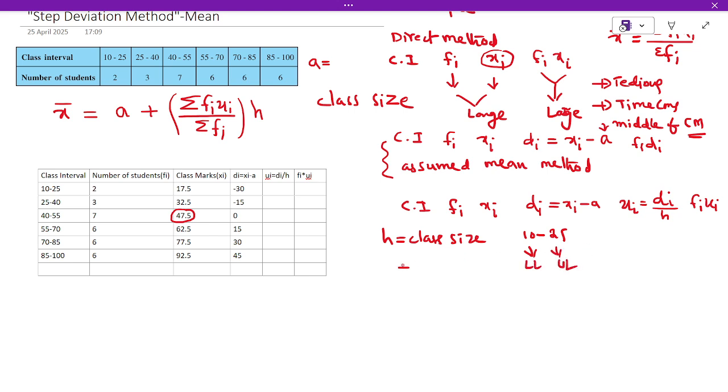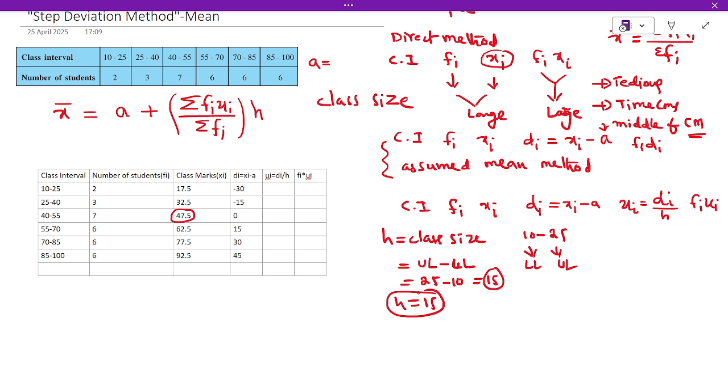Class size is nothing but the difference between the upper limit and the lower limit. Here it is 25 minus 10, which is equal to 15. Generally, whenever you have continuous class intervals, the class size will remain the same throughout. So here h is 15.